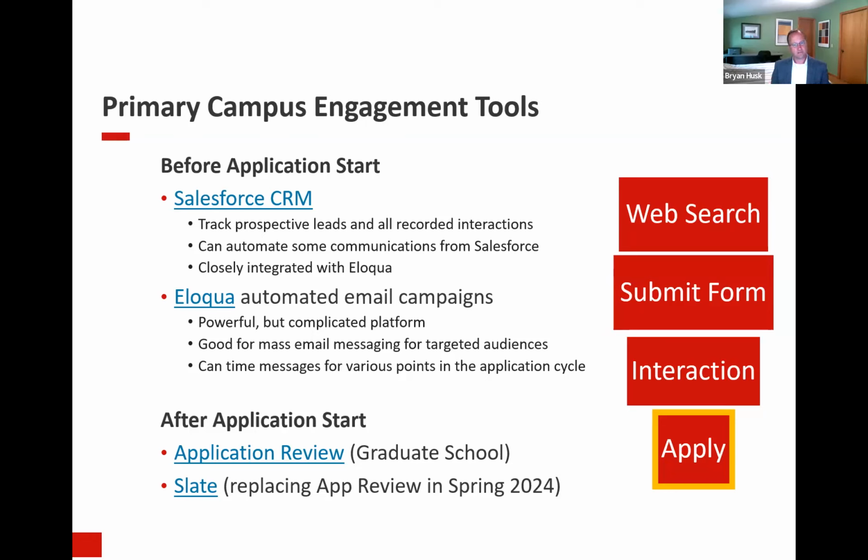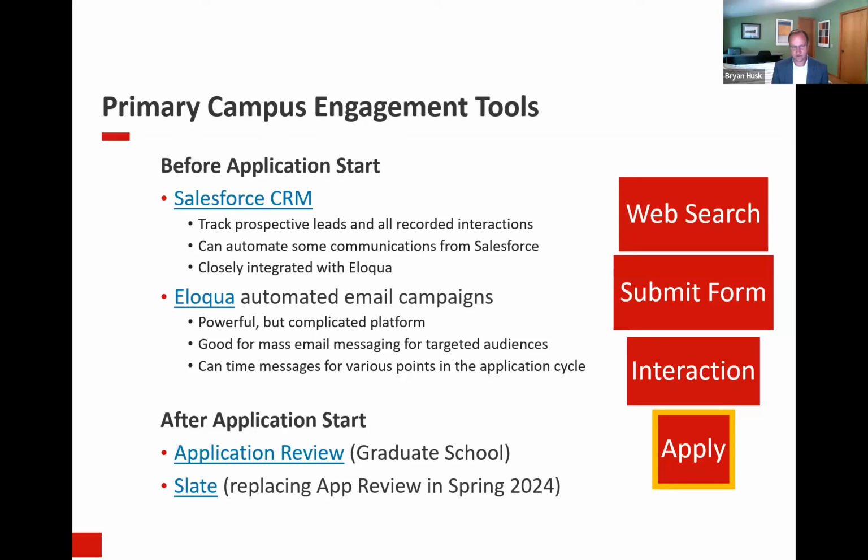So it is important to get those leads into Salesforce, because then you can trigger automated, scheduled messages that go around year-round, with conditional logic. They didn't get the first message, so now send a follow-up message, or they did open it and look at it, so give them a different sort of communication. It's a really powerful tool for managing automated email campaigns, but also for tracking and recording your interactions with these potential applicants.